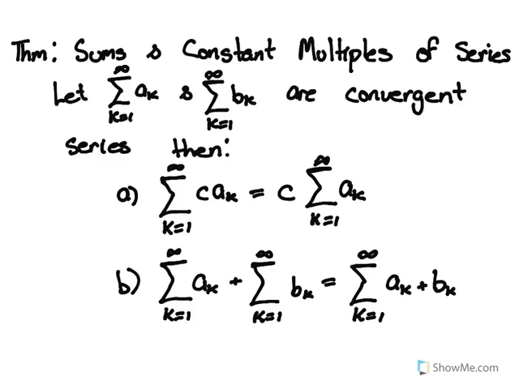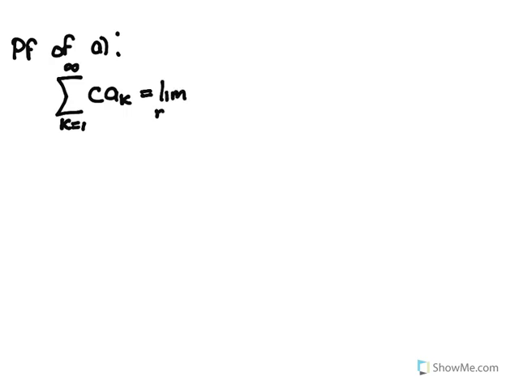So we will start by doing a proof. Proof of A. So we're looking at the series of c a_k, k equals 1 to infinity, and we know by definition that this is equal to the limit as n goes to infinity of the partial sum.